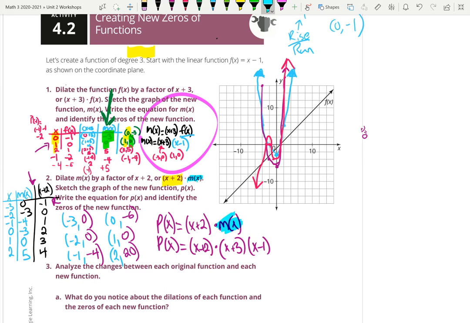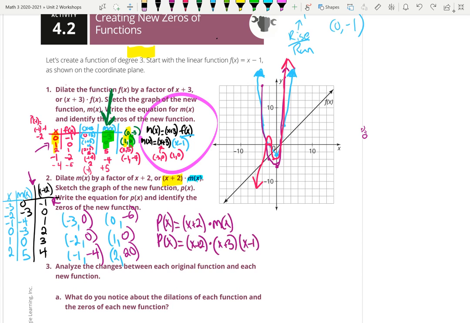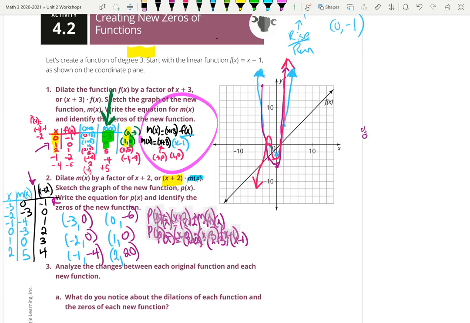Where did I get that from? Well, x plus 3 times x minus 1 is m of x. Notice, team, I have 3 groups, each with an x in it. It is degree 3. Notice 1, 2, 3.